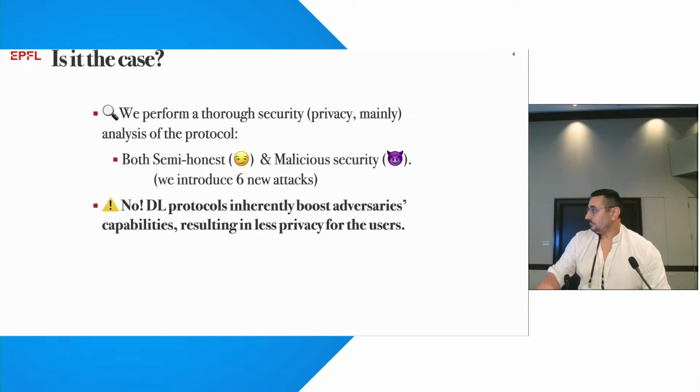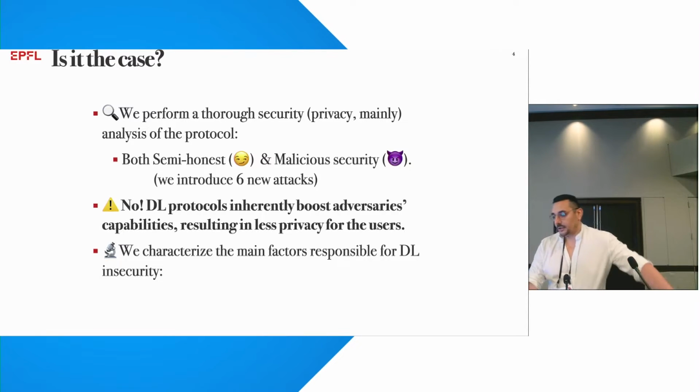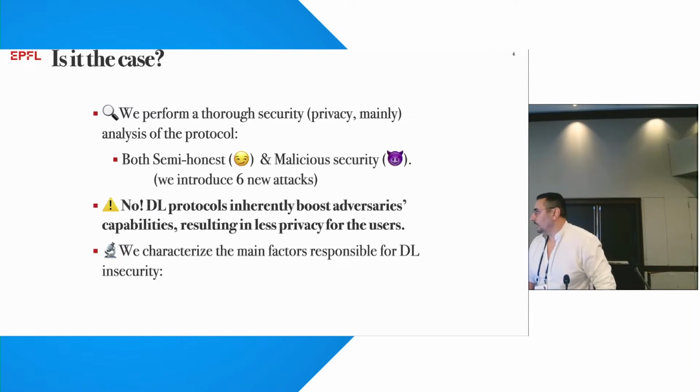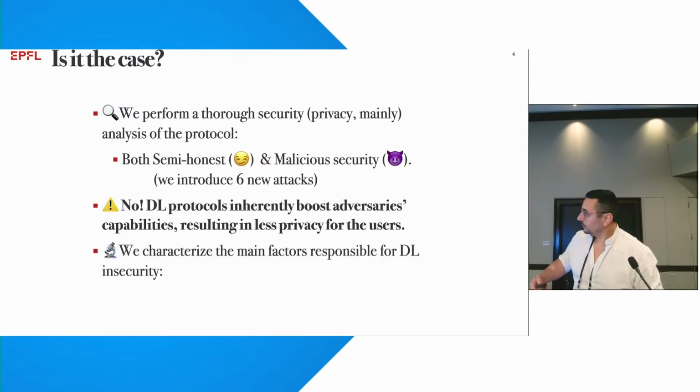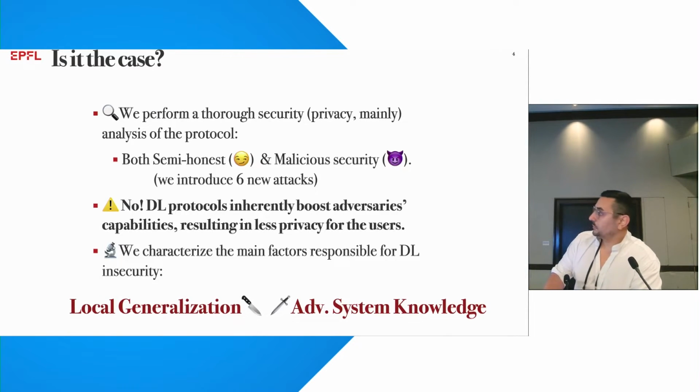And in our analysis, we characterize what we think are the main causes responsible for the insecurity of this class of protocols. And these two factors are in tension, and we call them local generalization and system knowledge.